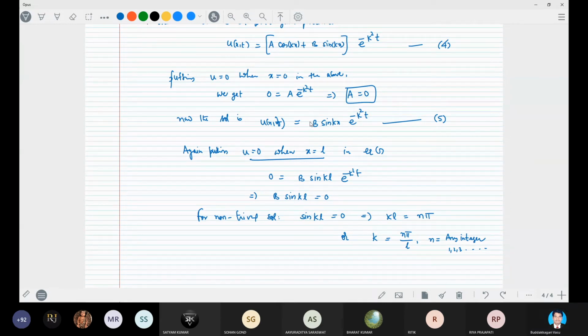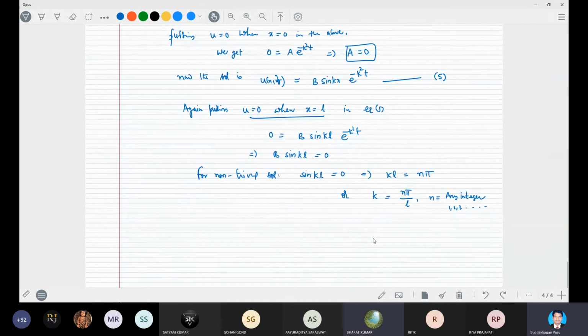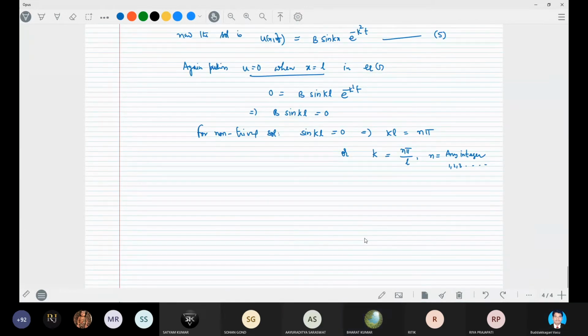So how many k's are there? Infinite. Infinite number. So there are many values, therefore we can generalize this. Let this be kn is equal to n pi by L.